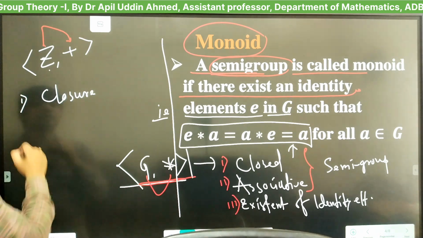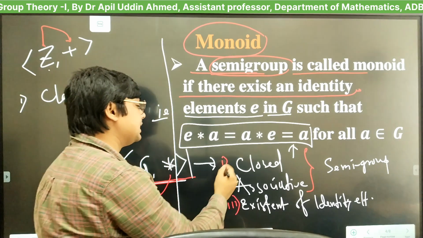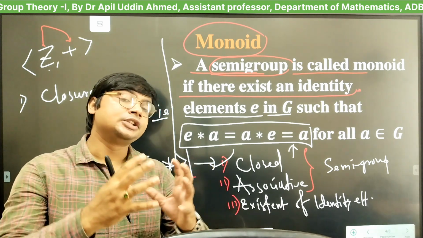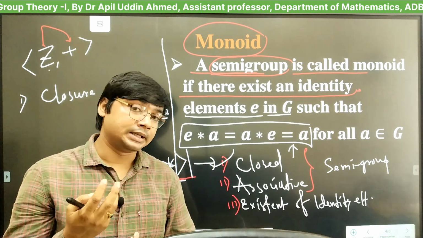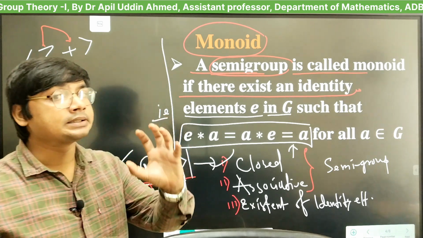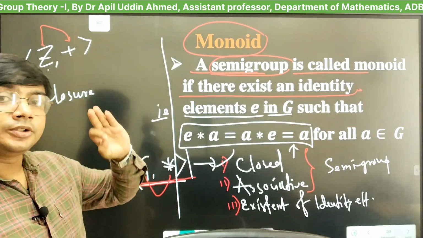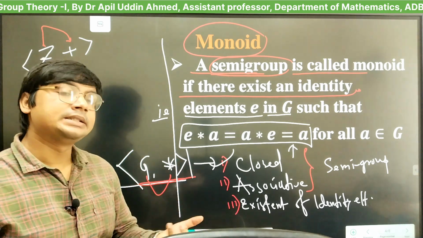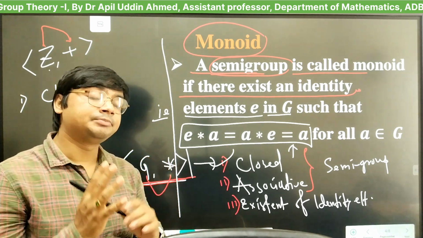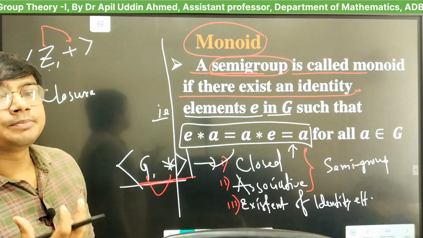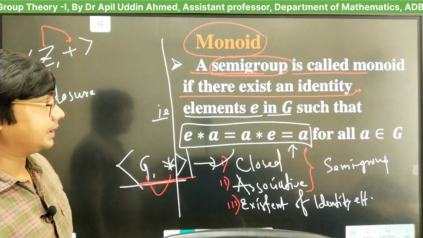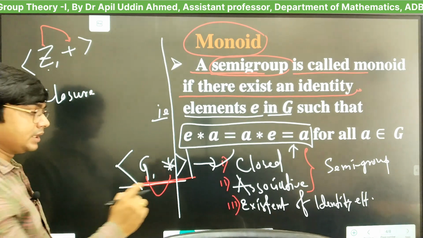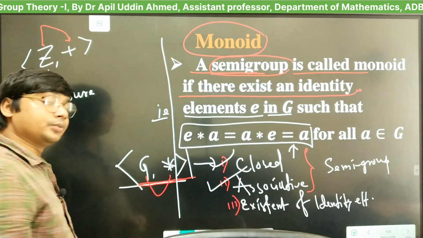Because if we consider any two integers, then their sum is also an integer. That means the resultant value is also in that set, so it is closed. And we can easily verify that the associative property is also satisfied by the integers with respect to addition. That means the second property is also satisfied.